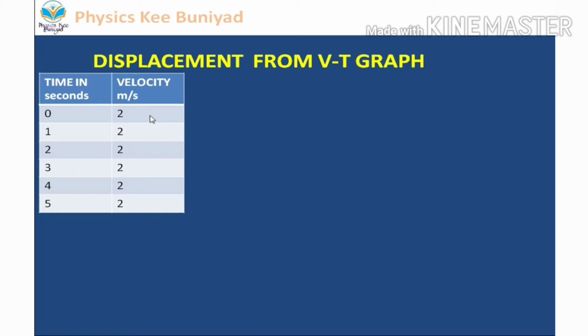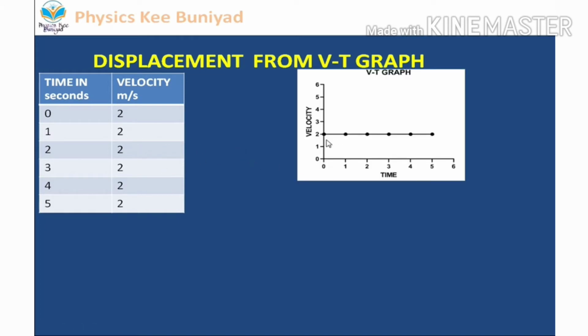For simplicity, I take a constant velocity, which doesn't change at every second, that is 2 meter per second. If I draw the graph for this, the velocity is constant at 2 every second.